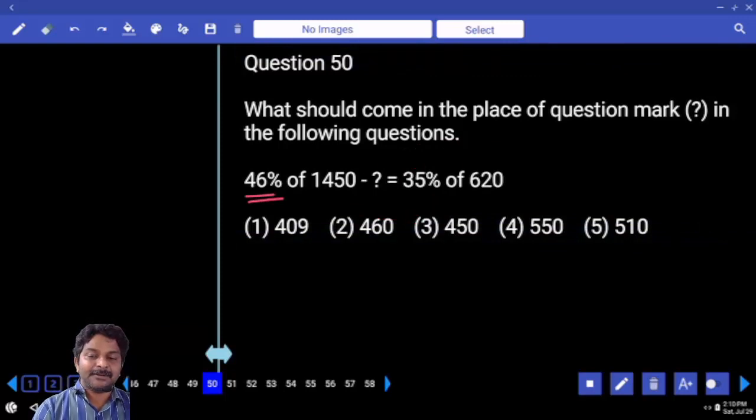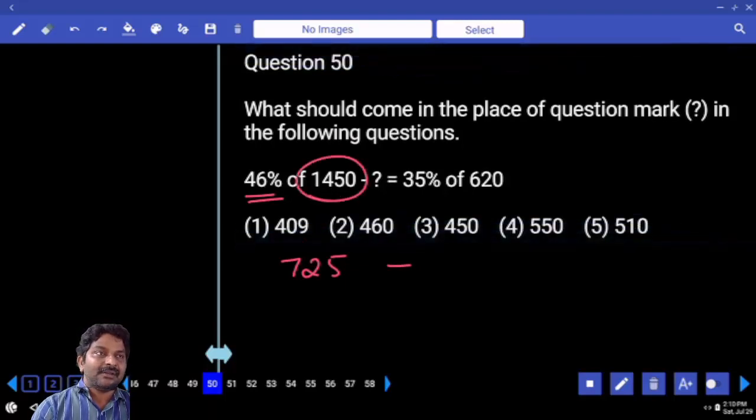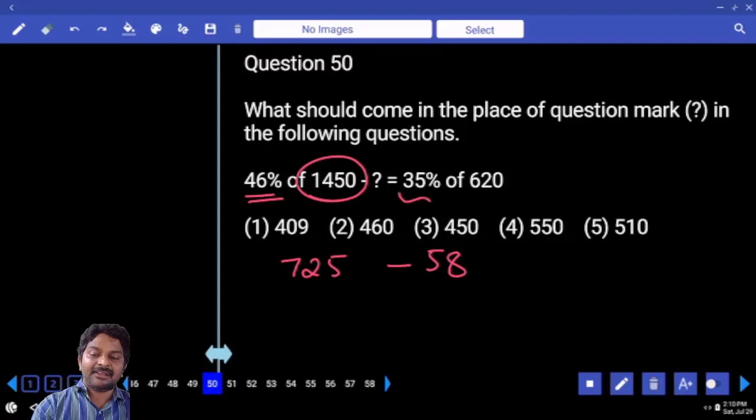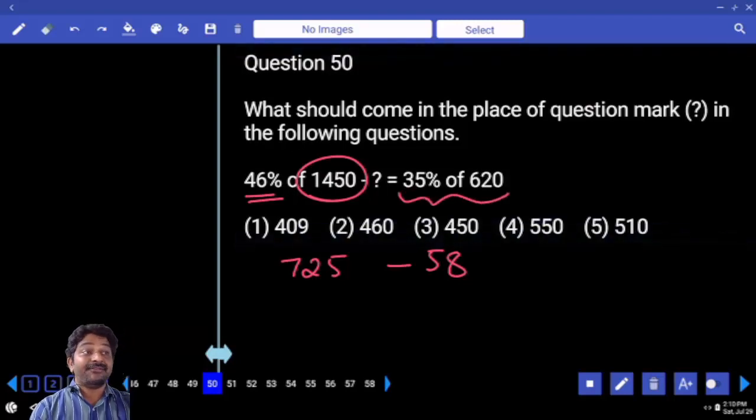46%. How do you get it? 50% minus 4%. 50% is 725. Negative number, 4%: 1% double. What is 1%? 29. Double, 58. If 35% of 620 comes to left hand side, it becomes positive or negative? Negative. 35%, how do we calculate? 25% plus 10%. 10% is 62. 25%: half and half.